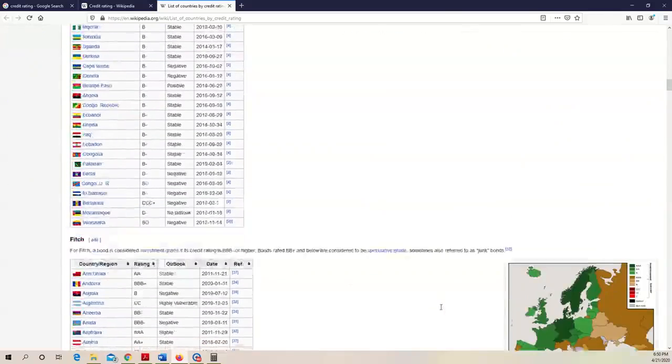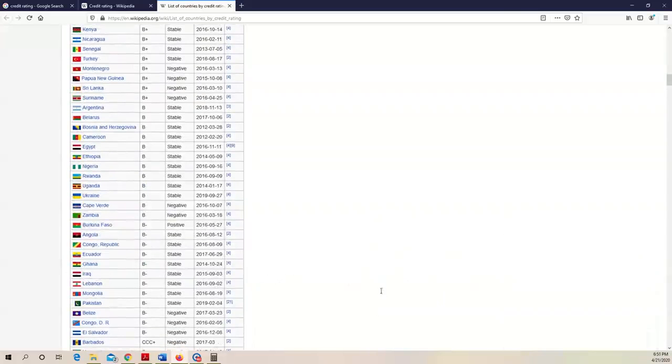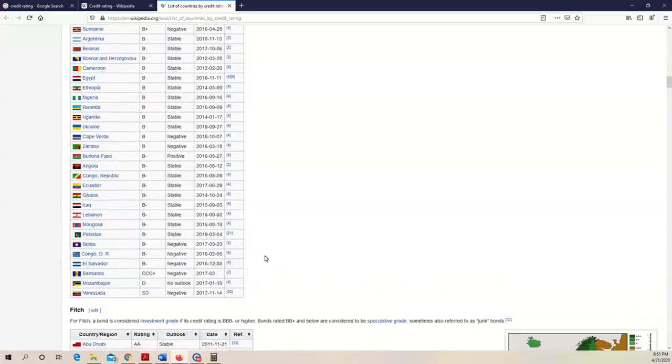Well, some other governments, so for example, Iraq receives the letter grade B. So the bond issued by the Iraqi government belongs to junk bonds. It's not investment grade. It's a junk bond, single B. That means this bond involves a higher degree of credit risk.